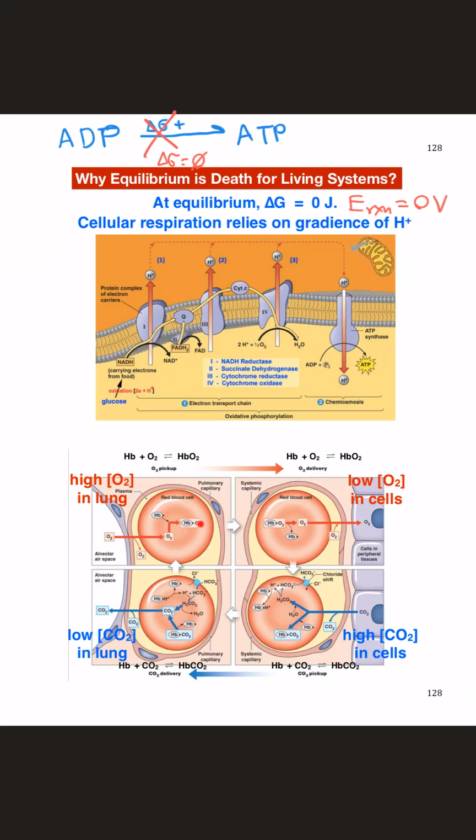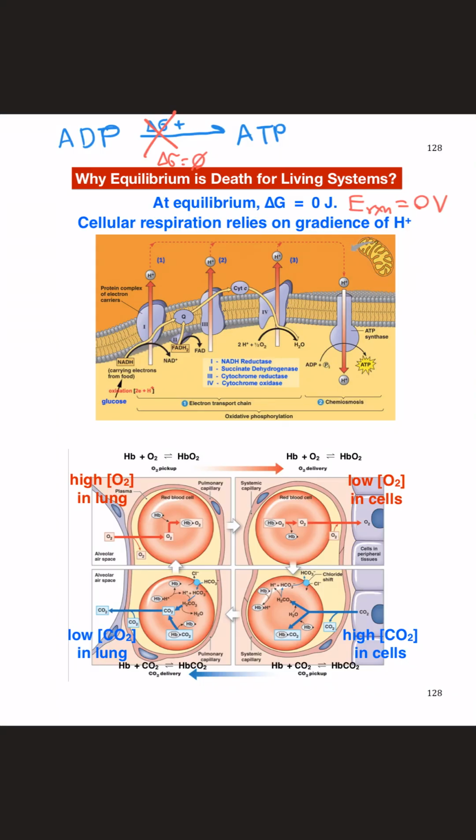And this hemoglobin oxygen complex in the red blood cell would then be carried through the body to the cells to be used. In the cells, where the concentration of oxygen is low, the hemoglobin oxygen complex would be broken down in order to release the oxygen molecule to the cell and also release the hemoglobin back as well.